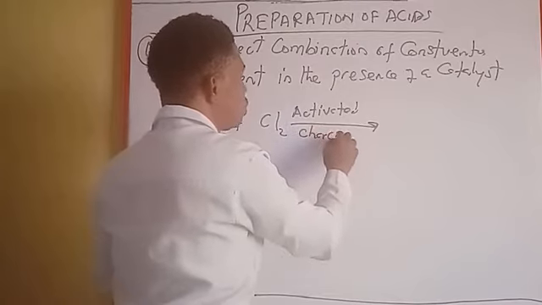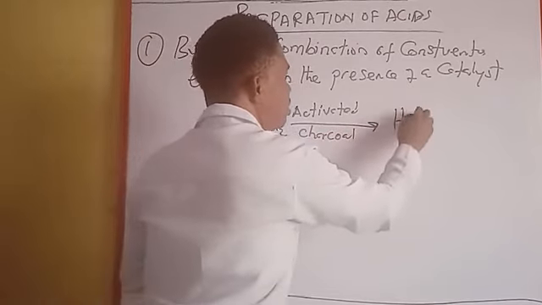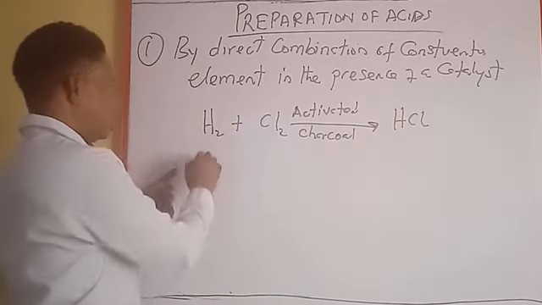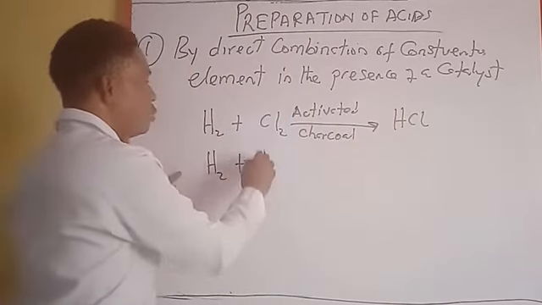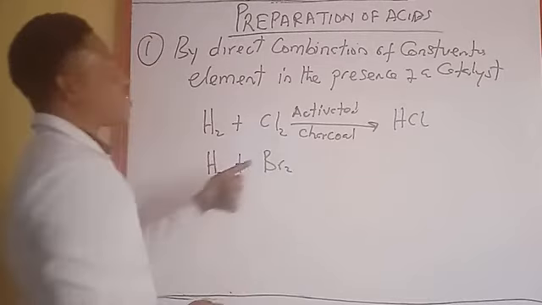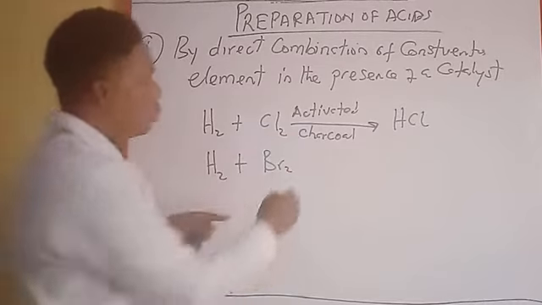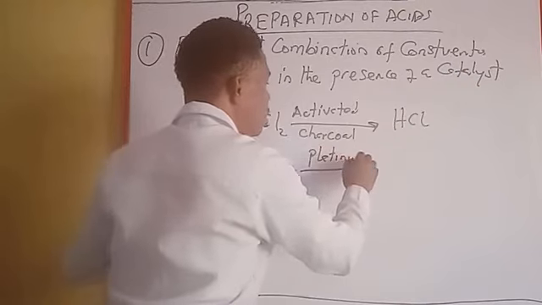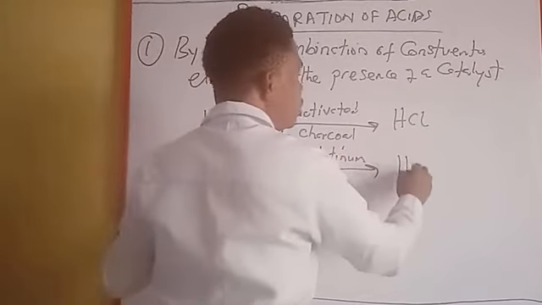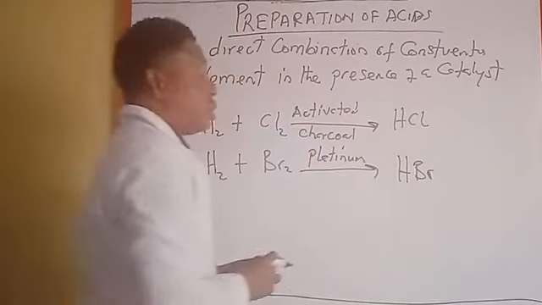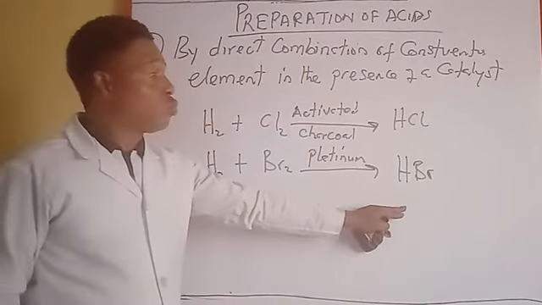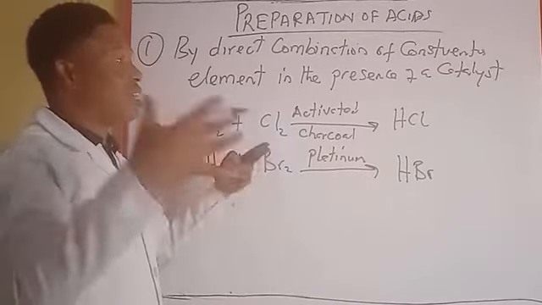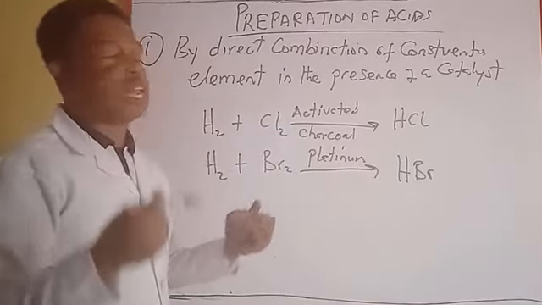When I use it, I will get the acid HCl. If I'm using bromine, the suitable catalyst I will use is not this one, but platinum. Use platinum as a catalyst and you get your products. So, one way of preparing the acid is by direct combination of constituent elements.